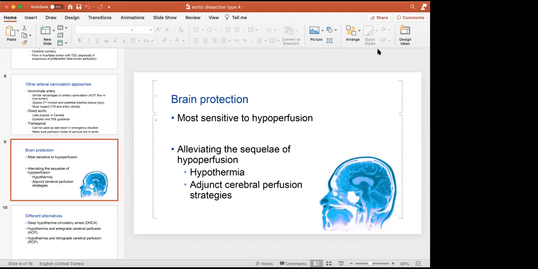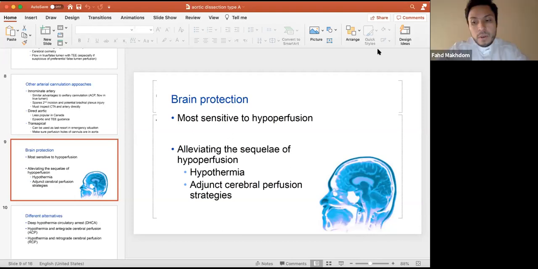Honestly, I've never seen a bental hemi-arch, where you go all the way to the hemi-arch with one graft. I haven't seen it, I haven't done it. I usually use 2 grafts.